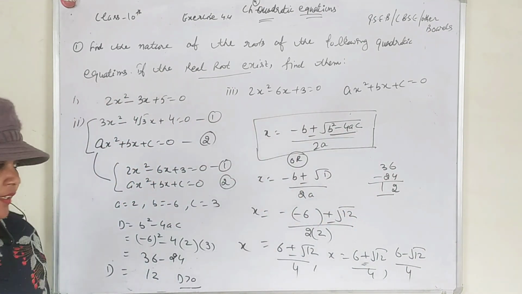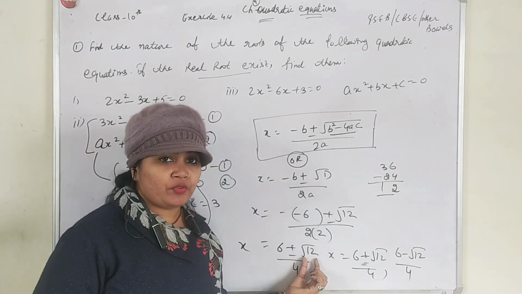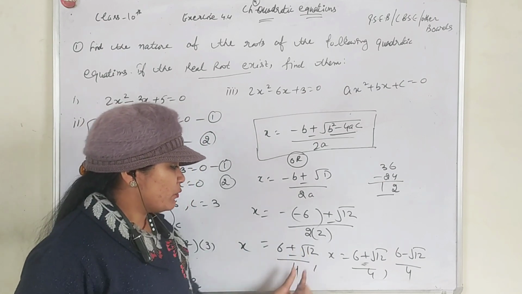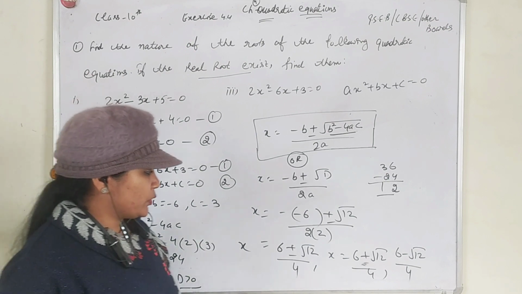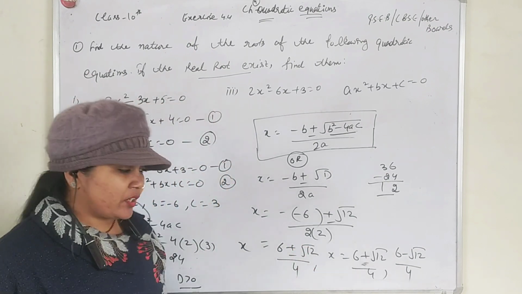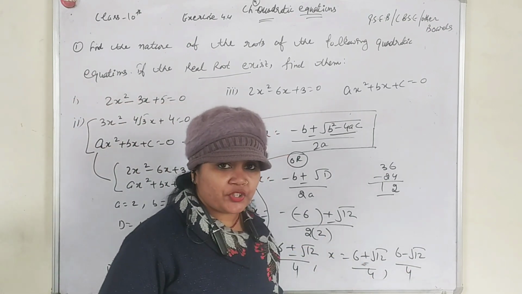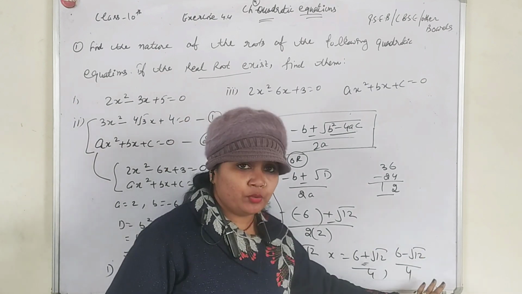If you can calculate the value of √12 you can do it here; if you can't, you can leave it in this form, as √12.